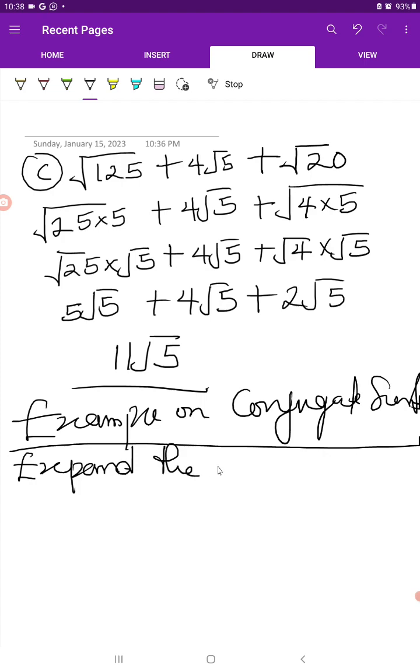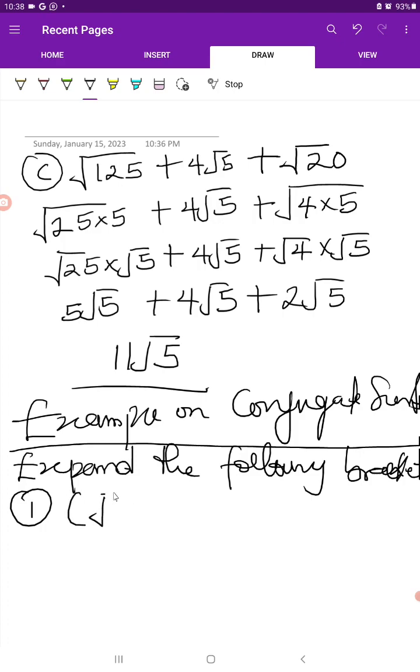Expand the following: 1. Root 5 plus root 2 onto root 5 minus root 2. If you study, you discover that this one is a conjugate of this, and this is a conjugate of this, because the sign changes.